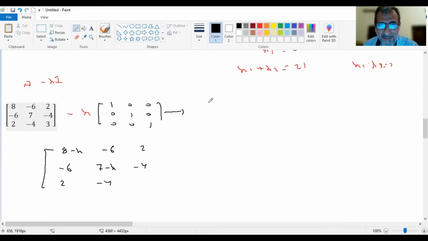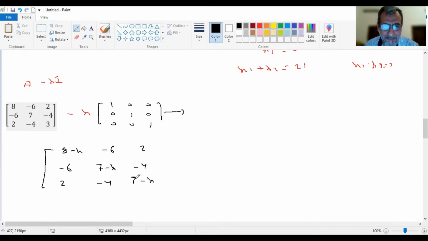Because this one is lambda, 0, 0; 0, lambda, 0; 0, 0, lambda. So 8 minus lambda here, negative 6 minus 0, negative 6, 2 minus 0, and so on. Now this one, 3 minus lambda.